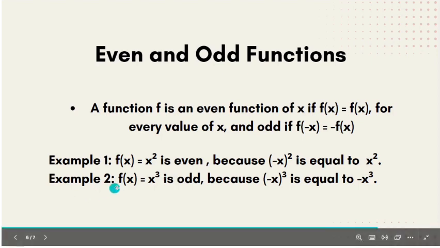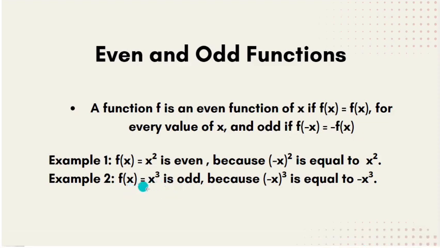So the next example is f of x equal to x cubed, which is odd because negative x times negative x times negative x, or negative x raised to 3, is equal to negative x cubed. Here again, our original function is x cubed, or x raised to 3, and we replace this x with negative x.